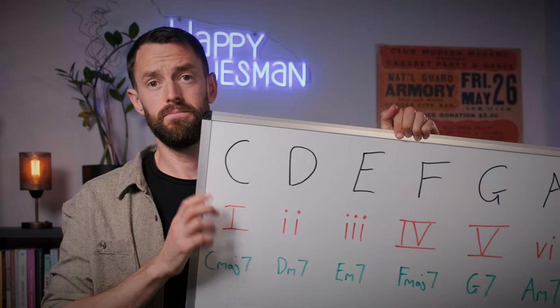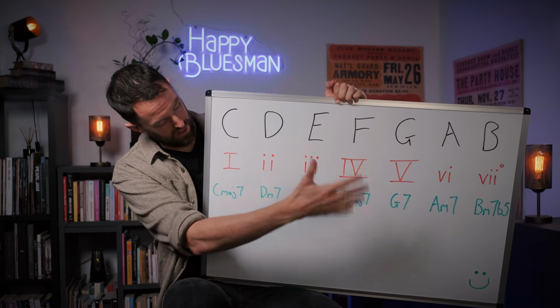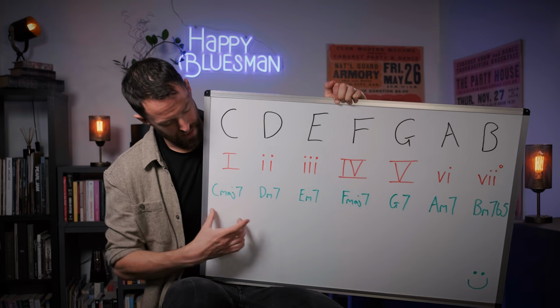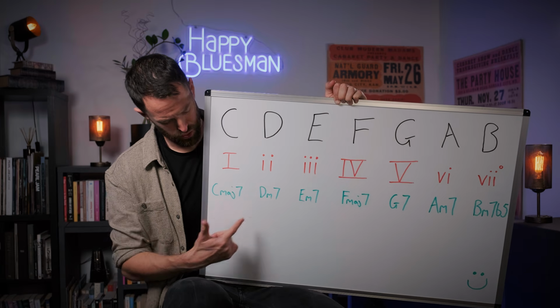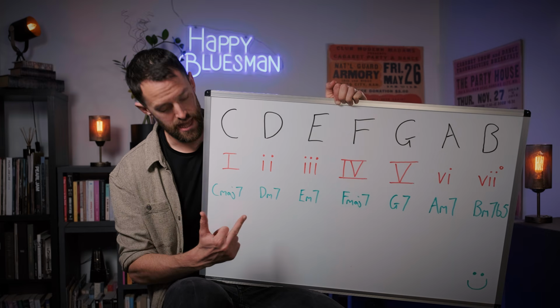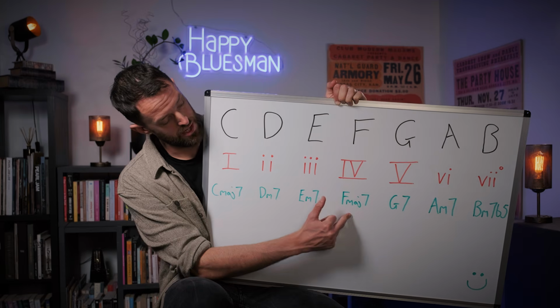Now, if we bring this together to close the loop on that 7th chord idea, when we follow that process through, we end up with the same series of major chords, but now we've extended them, added onto them these 7th degrees of the scale. So we have C major 7, D minor 7, E minor 7, F major 7.